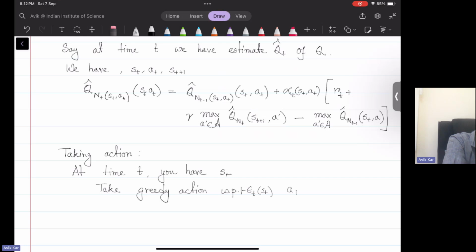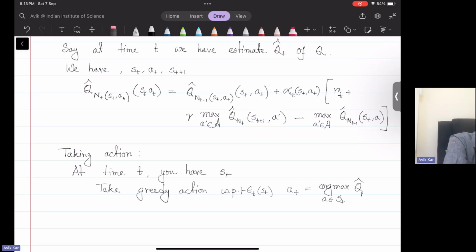And what is the greedy action? A_t is equal to argmax over a of Q hat_t(s_t, a).